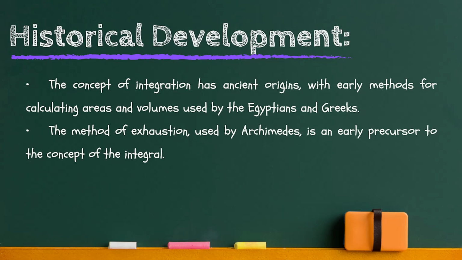Then the method of exhaustion used by Archimedes is a precursor to the concept of the integral. The method of exhaustion basically is, for example, if you have an irregular shape area, you divide or segment that shape into shapes that are regular.